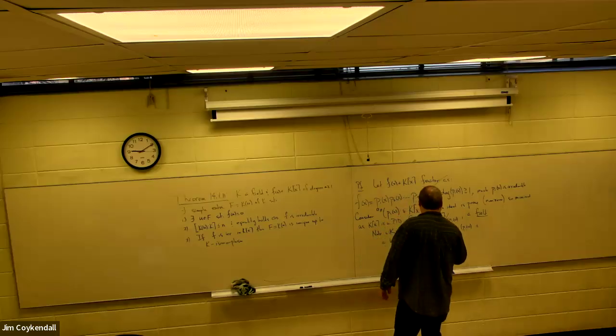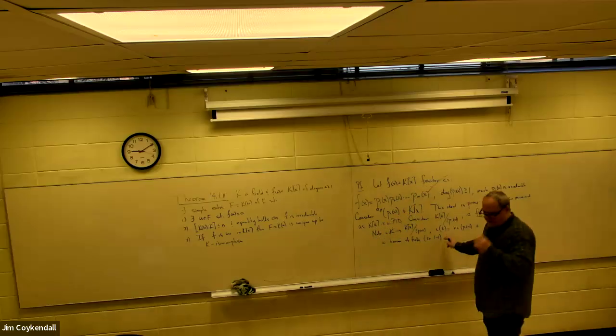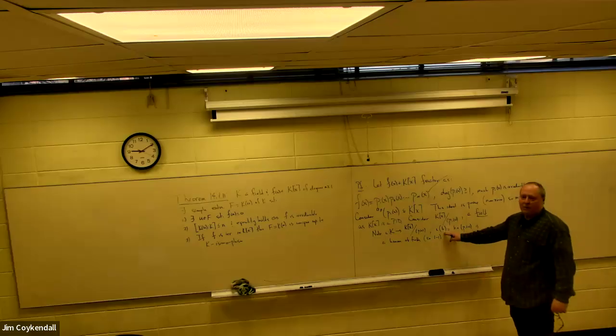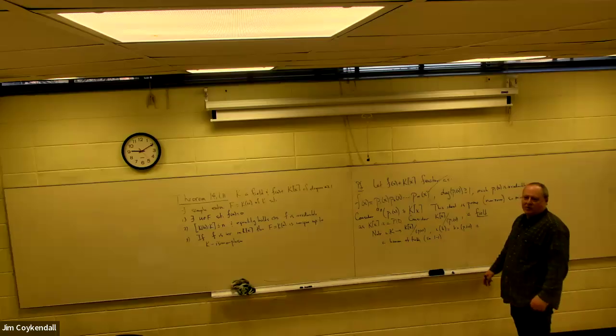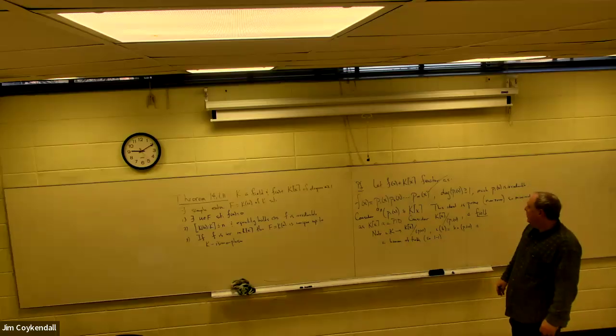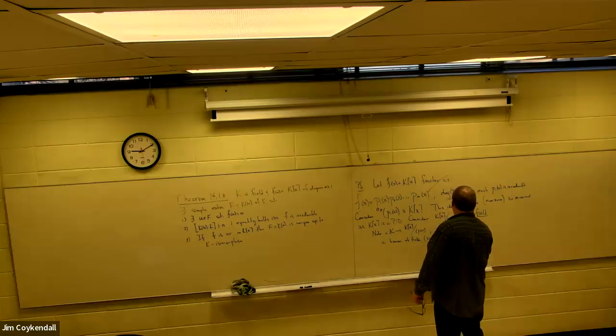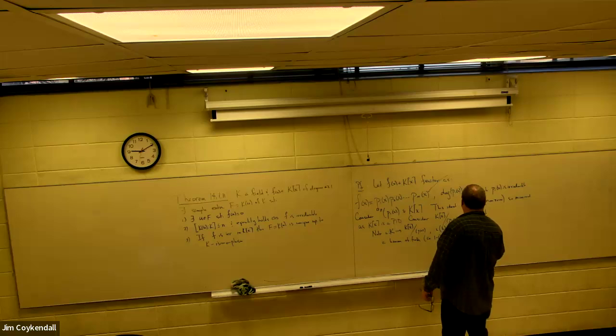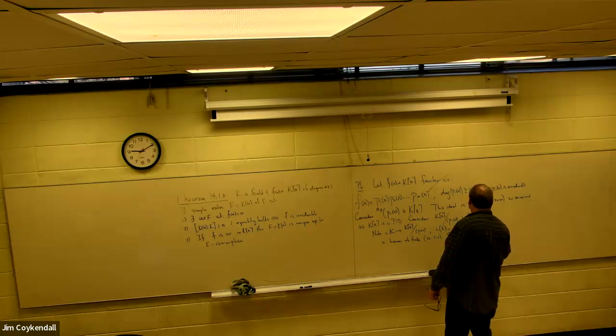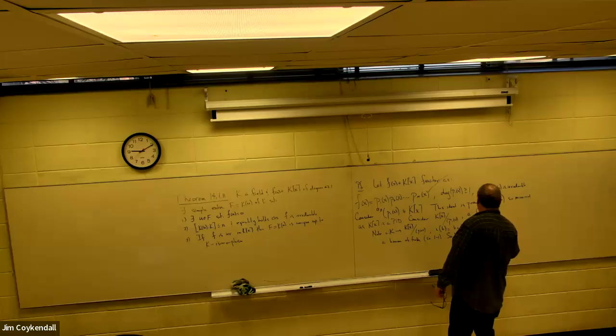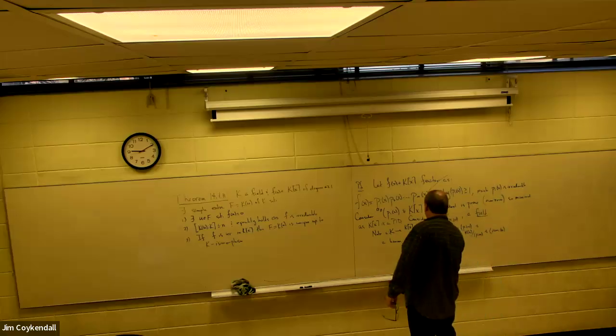So it's easy to see that iota of k1 plus k2 is iota of k1 plus iota of k2, and the products work as well. So in other words, K is isomorphic to a subfield.